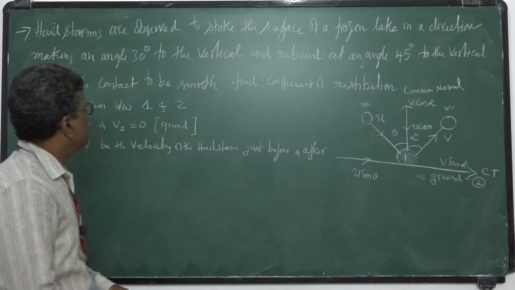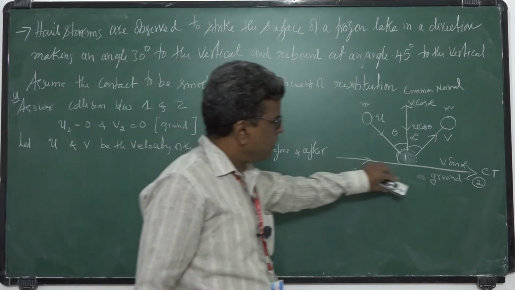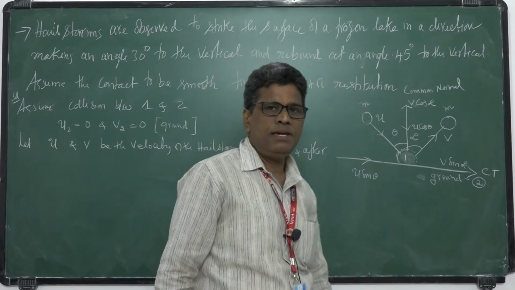The concept is that along the CT there will be no impulse, along the CN there will be impulse.